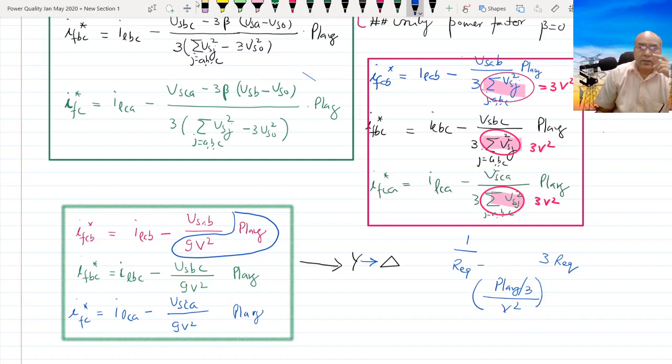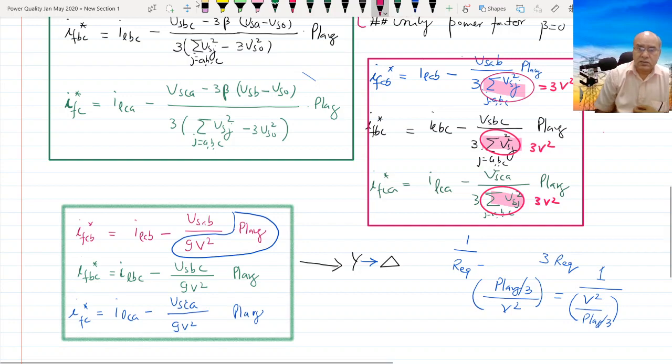Now we have PL average by 3V square, or you can say this was 1 by V square by PL average by 3, and this is R equivalent. Now we have 3 here instead of 1.